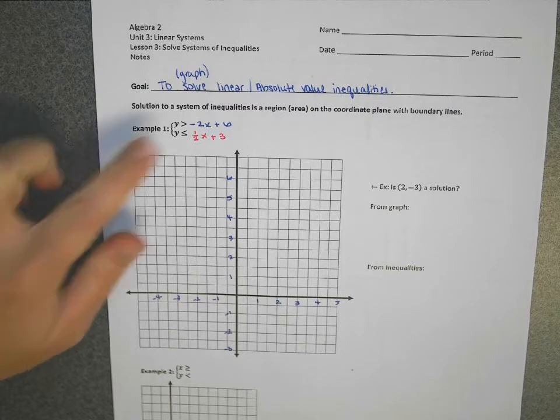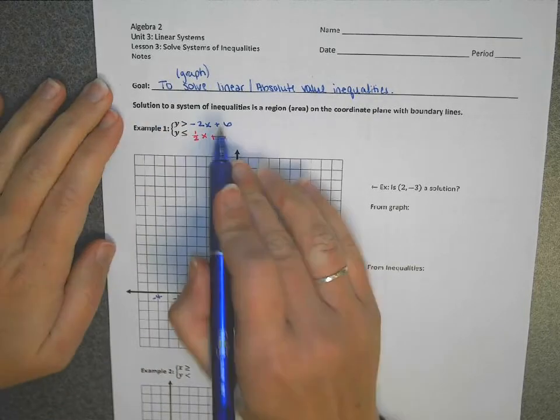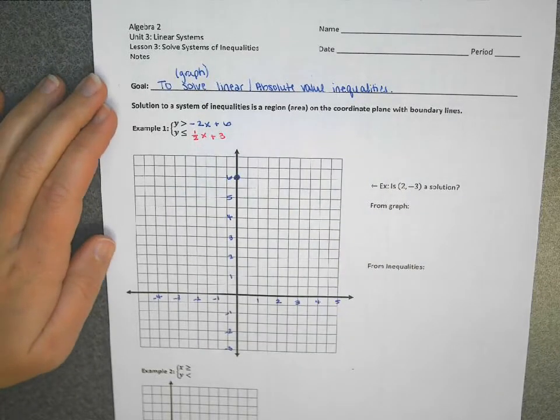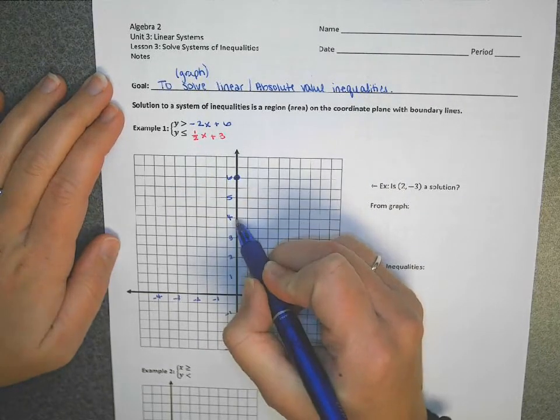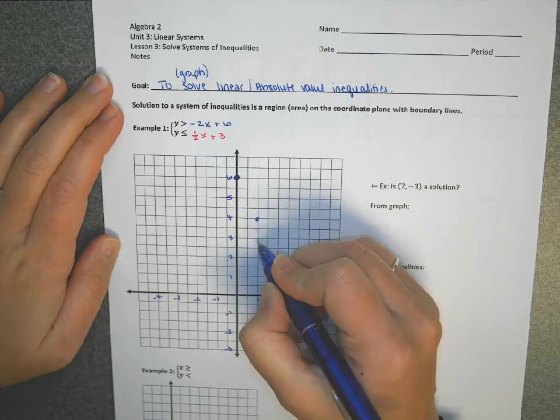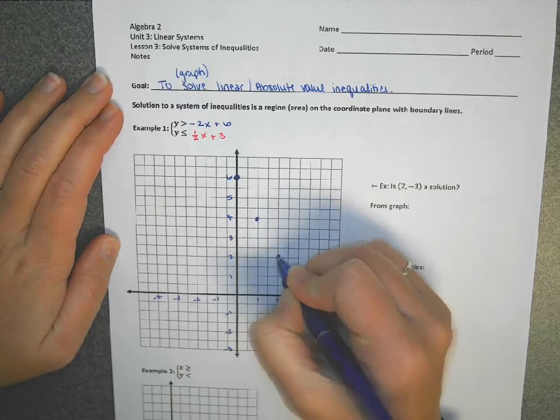And when I go to graph this, I'm going to graph the point 0, 6 first, because that's your y-intercept. And my slope from there is going down 2, right 1. Down 2, right 1.